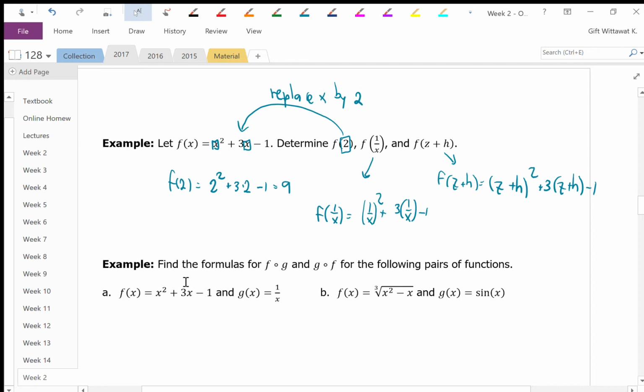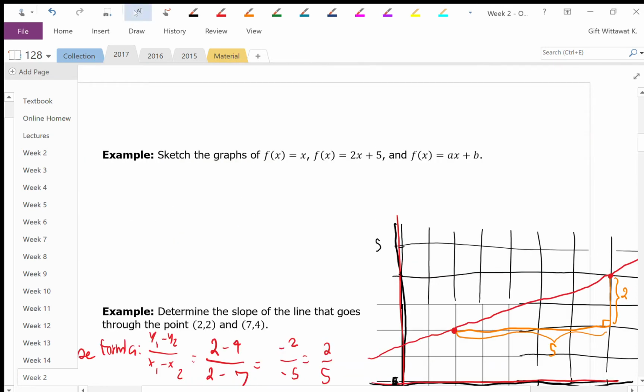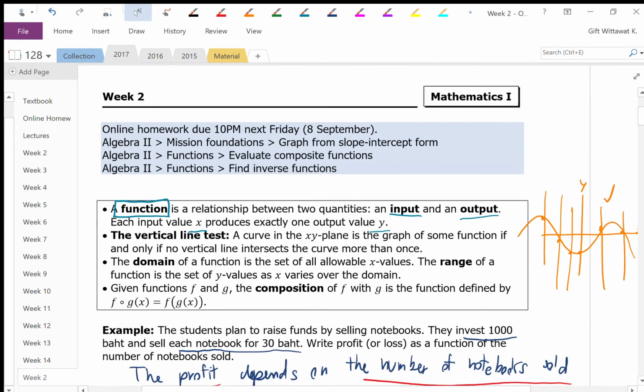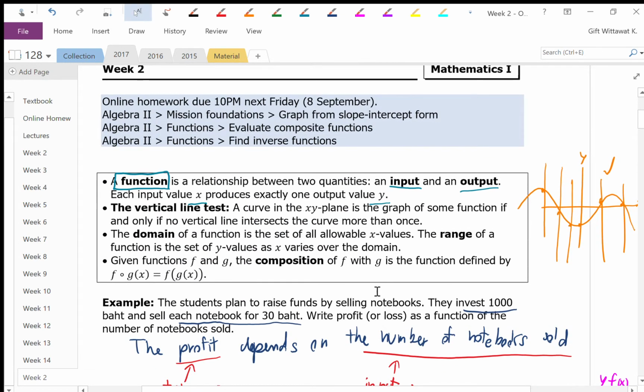Now you can generalize the idea of plugging stuff in. This is called function composition. When you have numbers, you can add, subtract, multiply, and divide them. The same goes for functions: you can add, subtract, multiply, and divide functions.